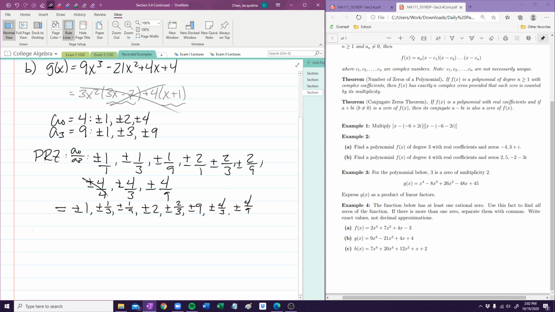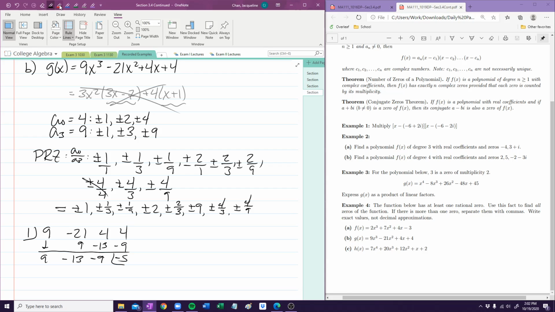So let's get started. 1 is usually a good place to start. I have 9, negative 21, 4, and 4. Doing synthetic division, this is 9, negative 12, negative 8, negative 4.